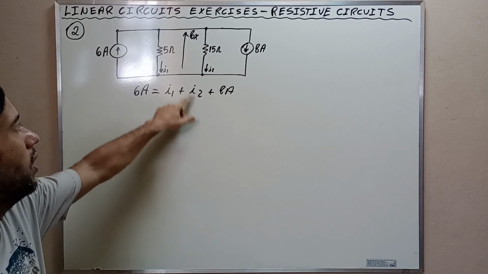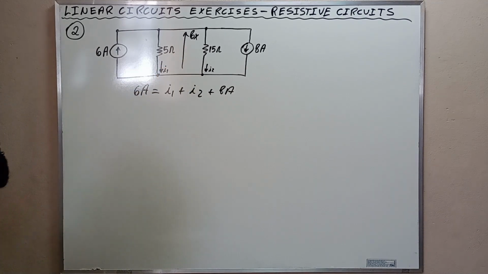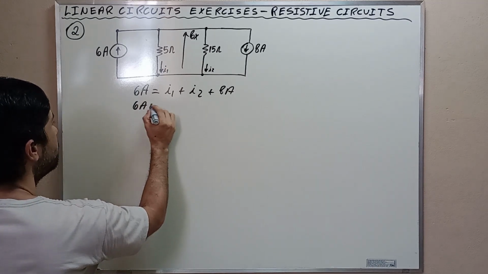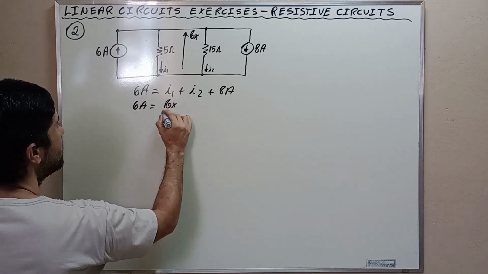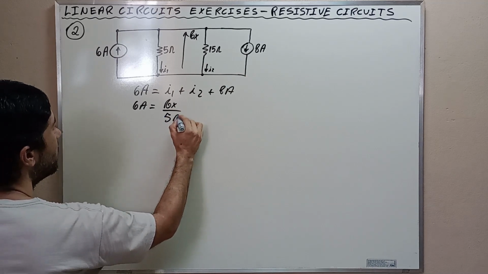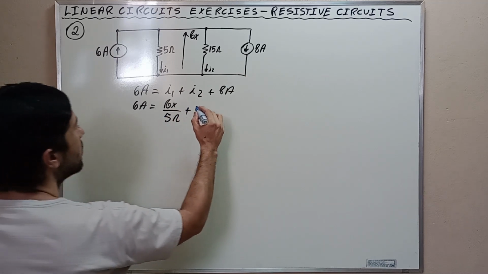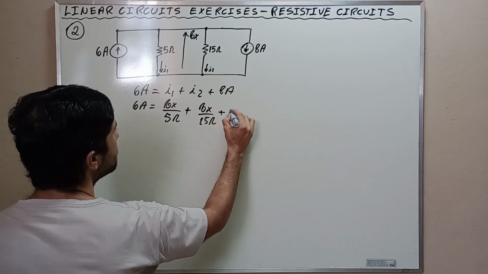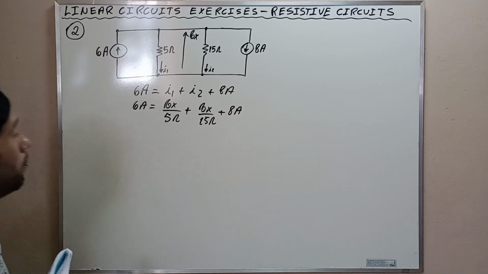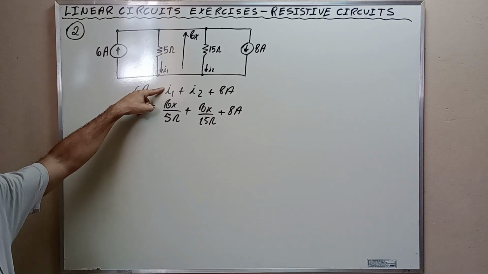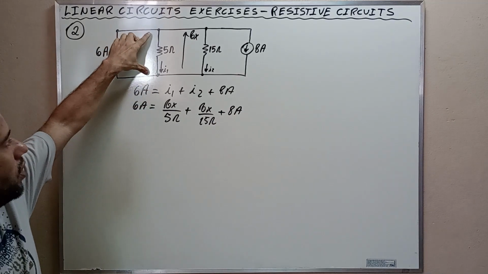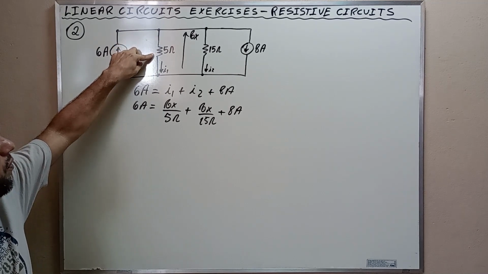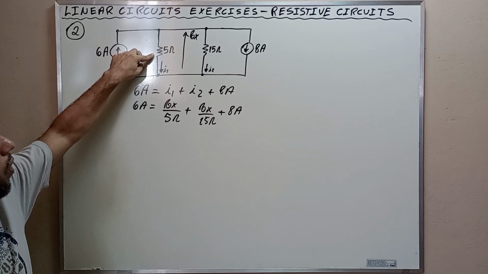Alright, my friends, this is what we are working with, and now we are going to write I1 and I2 in terms of Vx, okay? This way we say that 6 amps is equal to Vx divided by 5 ohms plus Vx divided by 15 ohms plus 8 amps, okay? Because I1 is equal to the voltage divided by the resistance, Vx divided by 5 ohms.